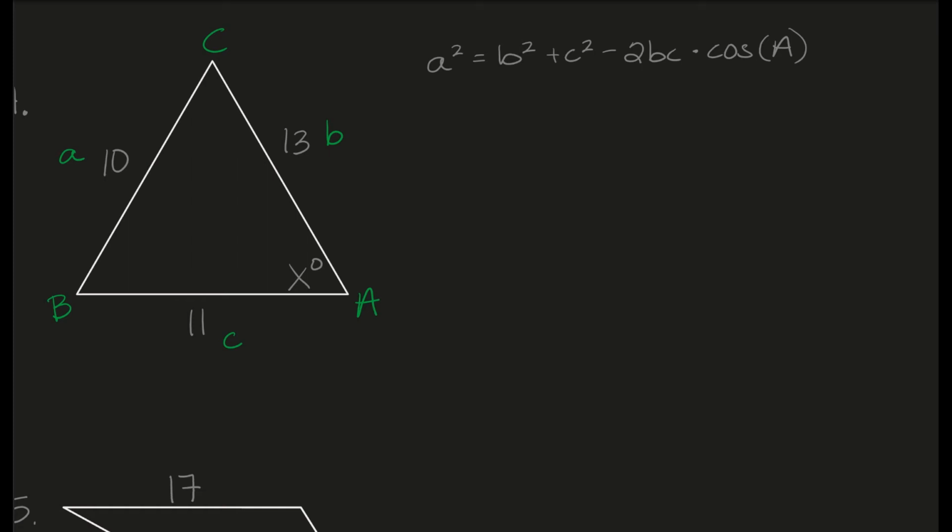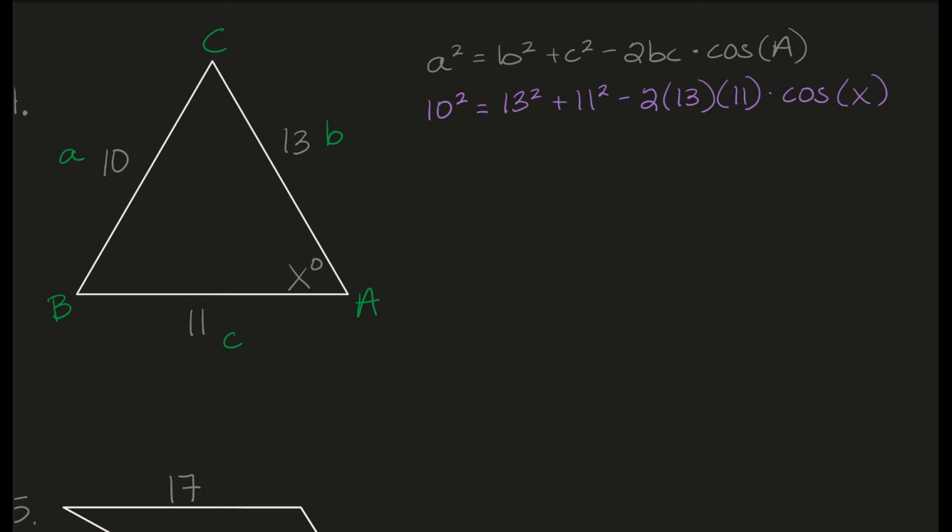We're still going to plug it in. We're just not going to have a value for cosine here. So A squared, we now have a measurement. This would be 10 squared equals B squared plus C squared. And then the value of A is X here. So in this problem, we're going to be trying to get cosine X by itself.